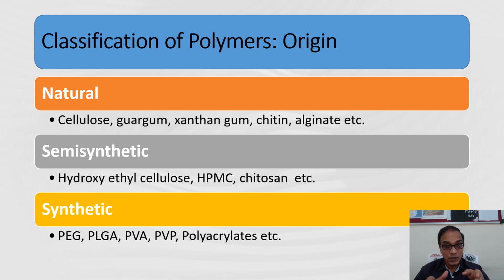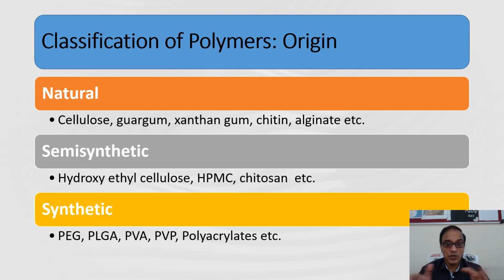It may be natural, semi-synthetic and synthetic. When the polymer is obtained from a natural source, whether it is a plant source, animal source, marine source, it is called natural, like cellulose, guar gum, gums like xanthan gums, chitin, alginate, etc.